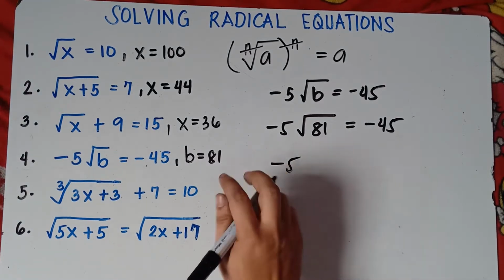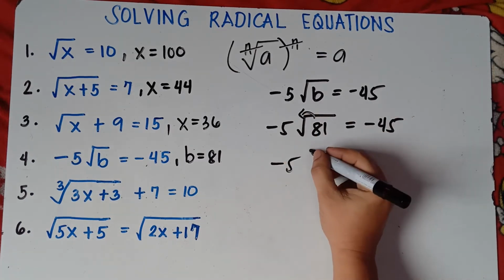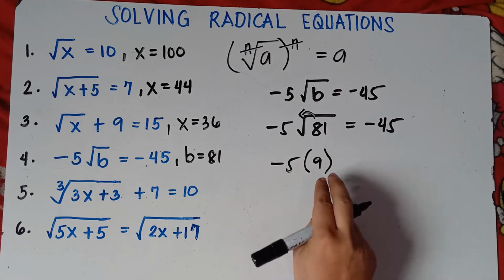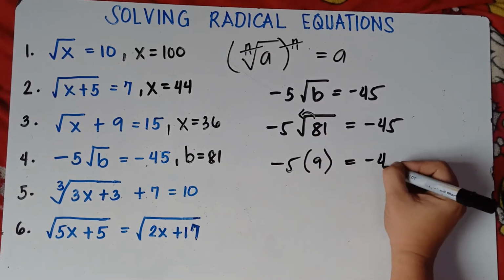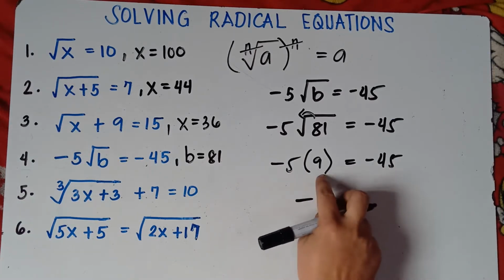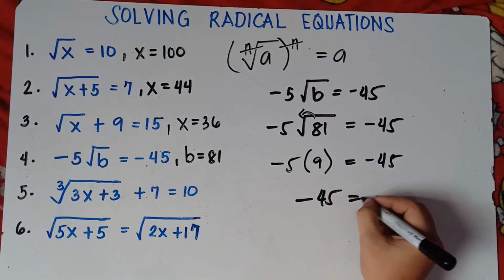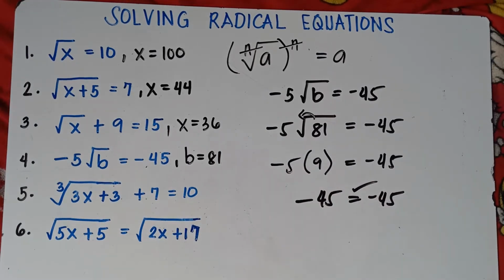You put it outside the radical symbol and then you multiply it by negative 5. So this will be negative 5 times 9. Once again, 9 came from the square root of 81. Negative times positive is negative. 5 times 9 is 45 equals negative 45. Check. Therefore, your answer is correct, that your b is 81.